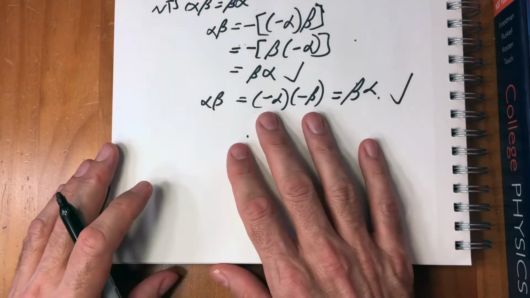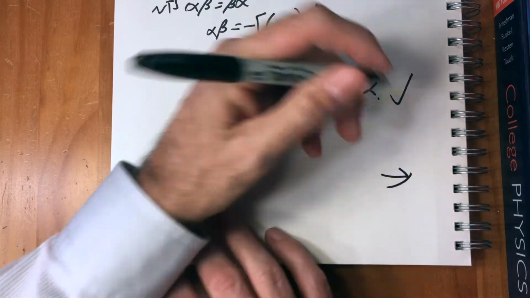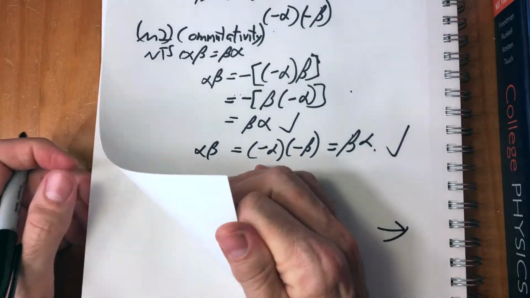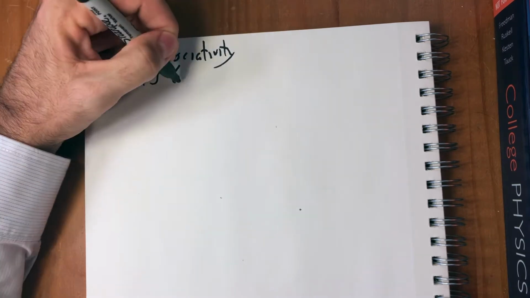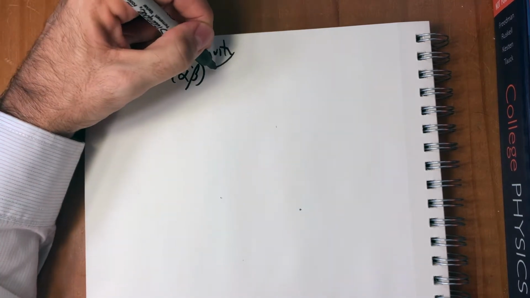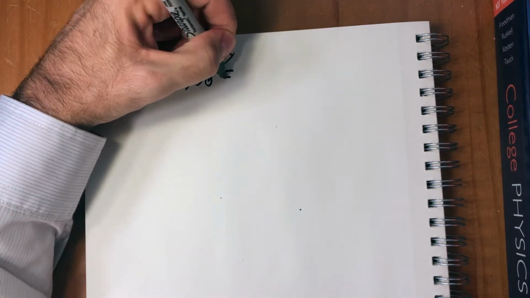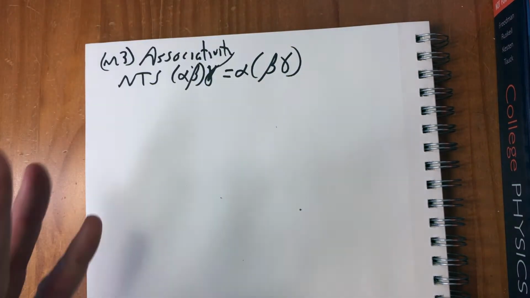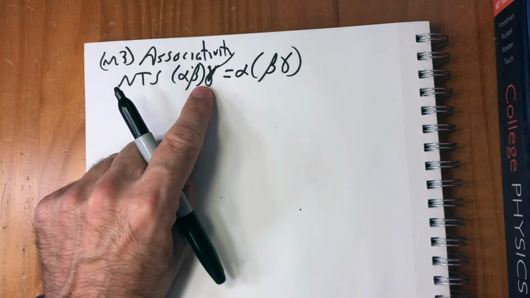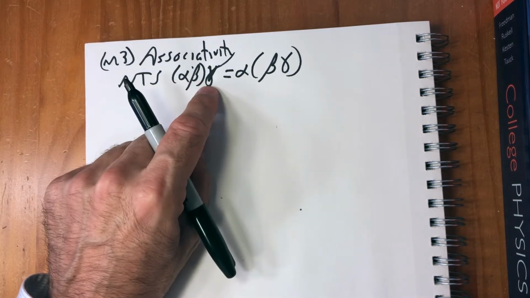Now, associativity is a little more involved. Let me go to the next page, because we're going to have to prove a couple of different possibilities for this. So, M3, associativity, we need to show that, of course, alpha beta times gamma equals alpha times beta gamma, right? But we're going to have to show it when one of them's negative, when two of them are negative, or when all three are negative.